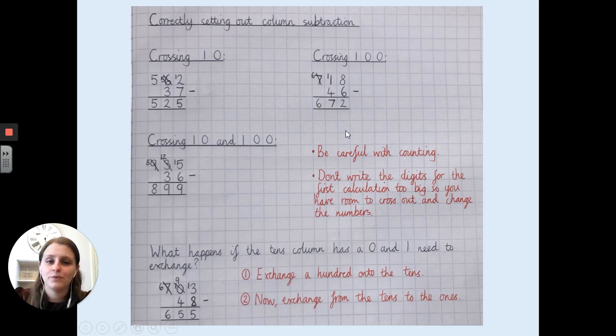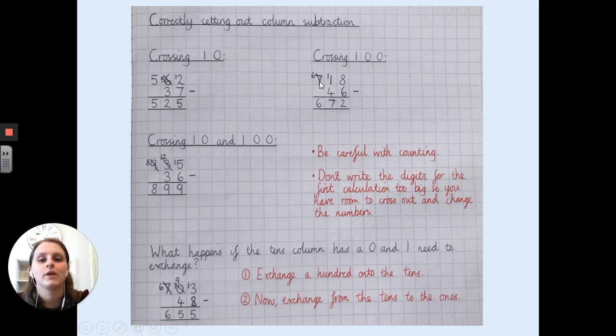We do the same method when we move on to our tens column. If we're crossing 100, we're just on a different column. For this one, I've got 8 take away 6, which is easy, and I know it's 2. I don't have to do any exchanging for that. But here I've got 1 take away 4. Again, 1 is less than 4, so we'll have to do an exchange.